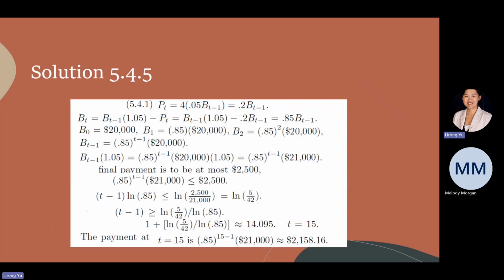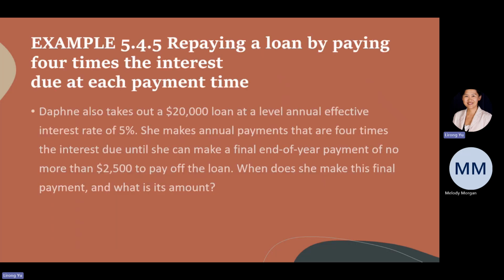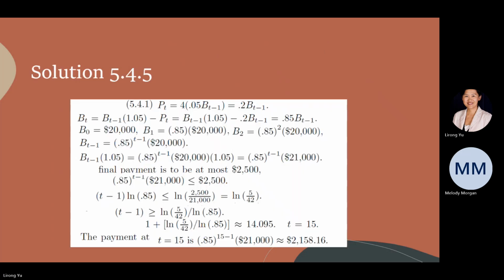We focus on the interest relation here. The annual interest is 5%, so 4 times the 5% will be 0.05 times 4. So that's 20% of interest per year, and that will be her payment until the final payment is less than 2,500. That gives us this relation between the PT and the last balance. This is why we have the first equation, our payment amount equals 20% of the previous balance.